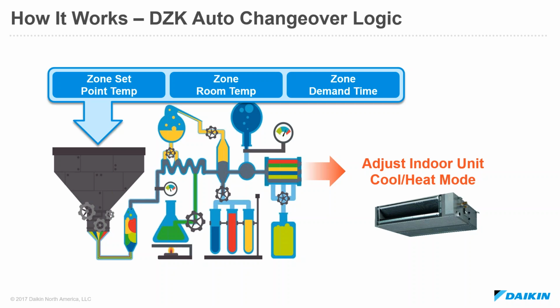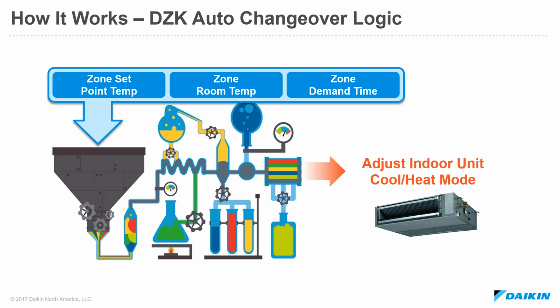And so essentially the DZK takes this information from each individual zone, aggregates all of this demand together, and comes up with a calculation that decides whether or not to change the indoor unit mode of operation to cooling or heating operation.